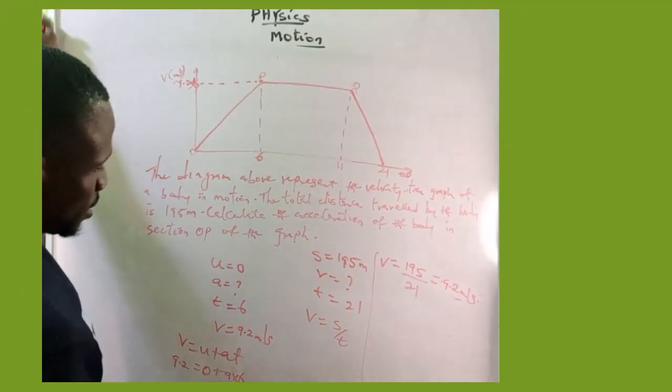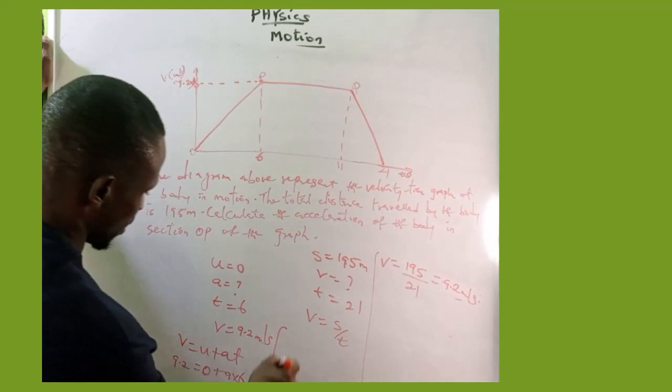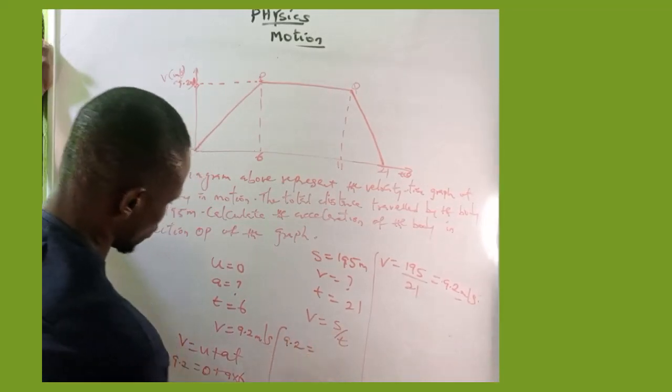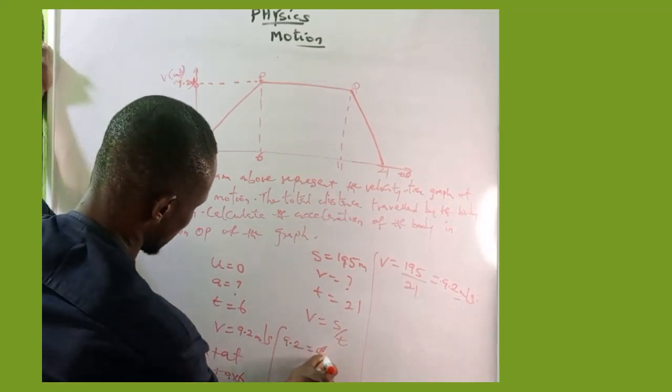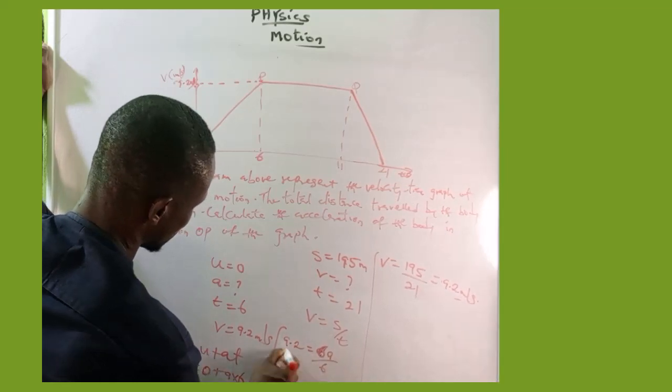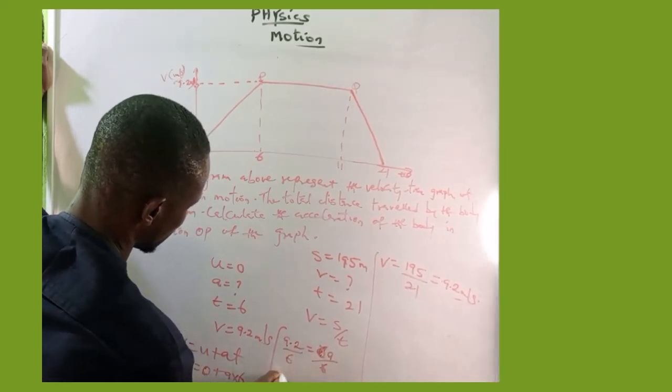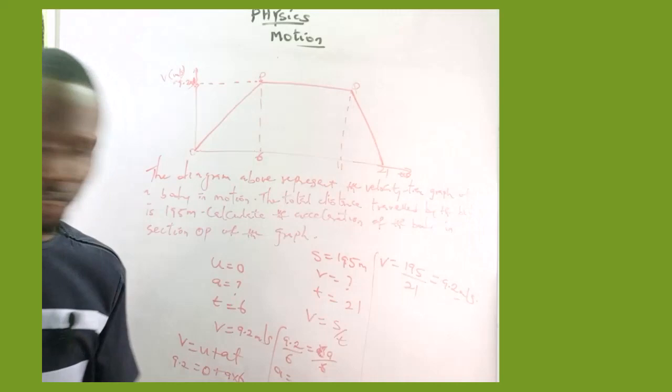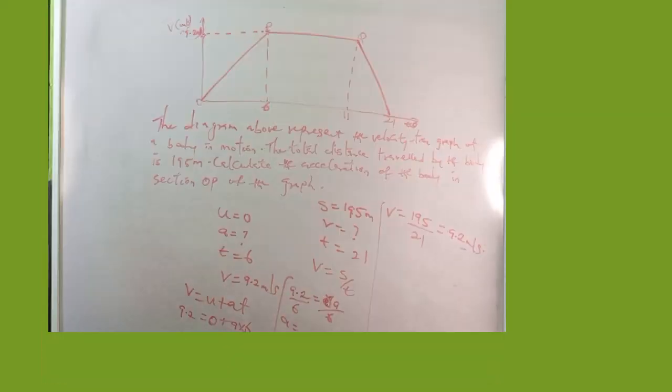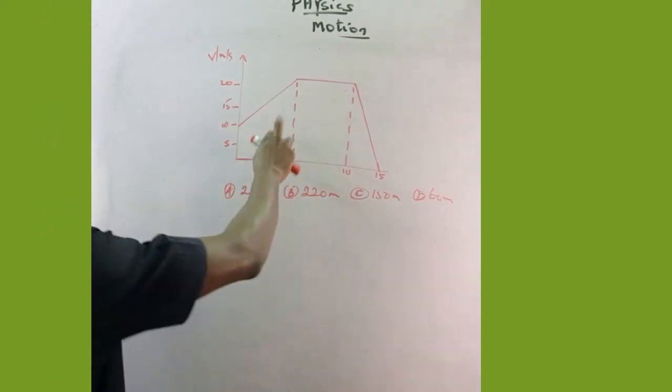Time is 6. So 9.2 is equal to A times 6, which is 6A. Divided by 6, divided by 6, so A is equal to 9.2 divided by 6, which is 1.53.